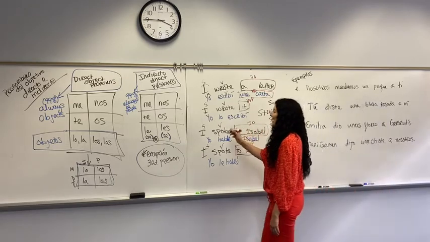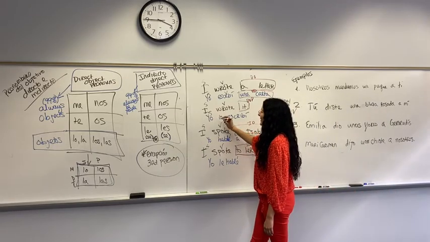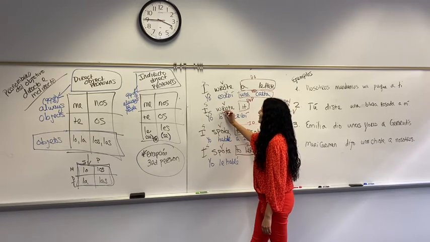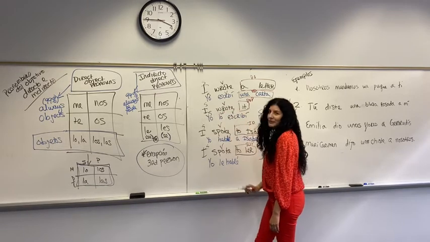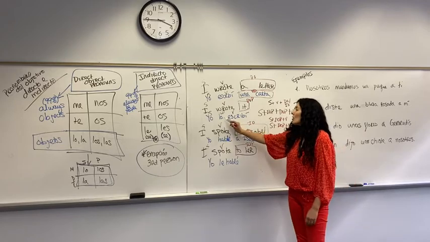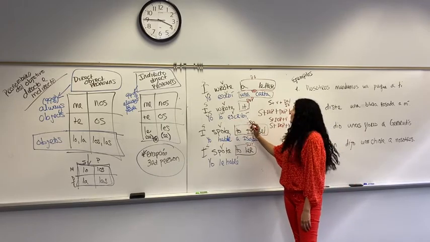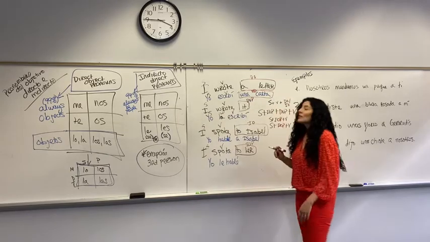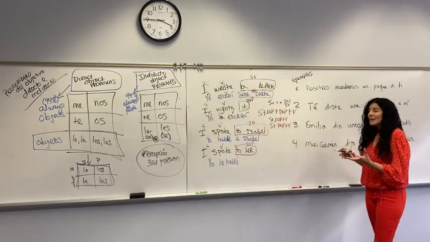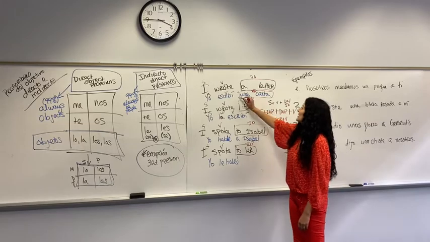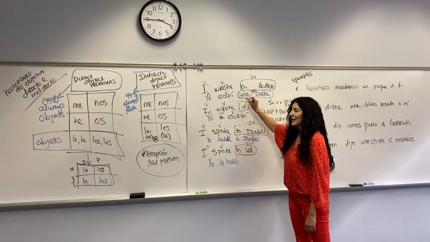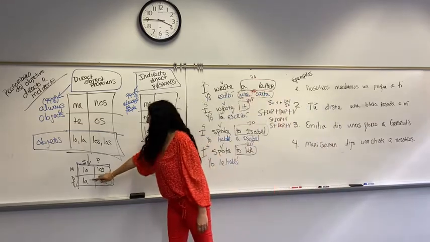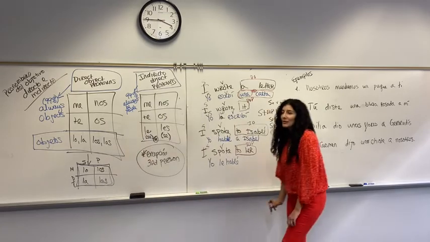So here we have subject, direct object pronoun, verb. Yo lo escribí. O yo la escribí, perdón. And the reason why we would use la over other pronouns is because una carta is feminine and singular. We're only talking about one letter.